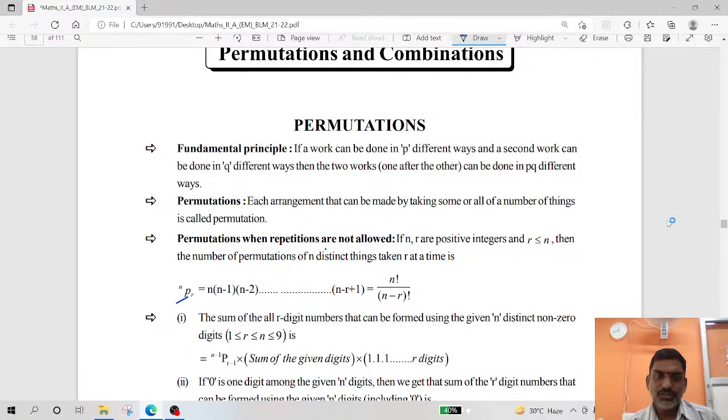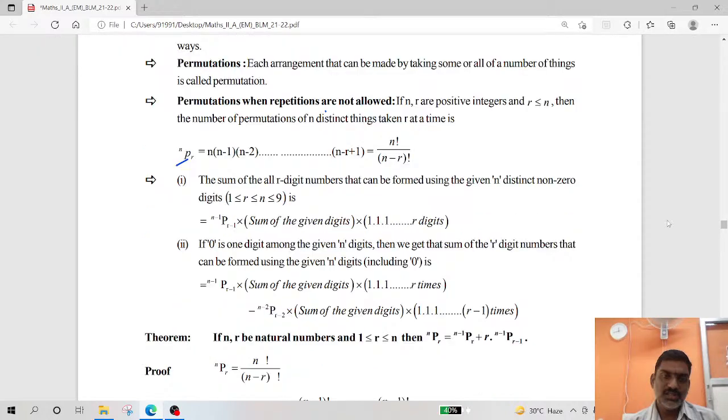And here, for all odd digit numbers that can be formed where 0 is one digit among the given n digits, we get the sum of the numbers that can be formed using the given n digits including 0. So here, 0 to 4, numbers formed with these 4 digits. In that case, we take (4 minus 1)P(4 minus 1), the sum of the given digits 1 plus 2 plus 3, which is 6, times 1111, that is four ones.